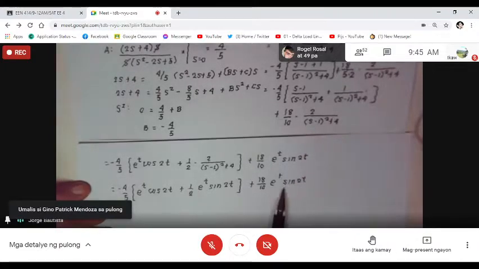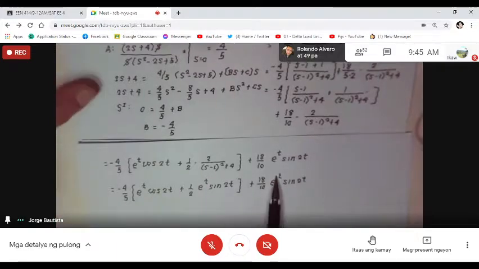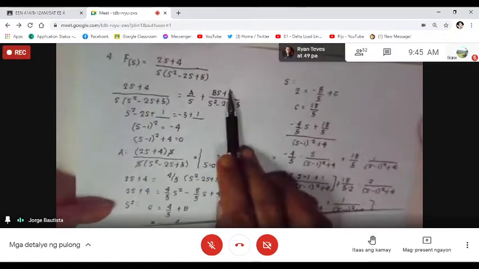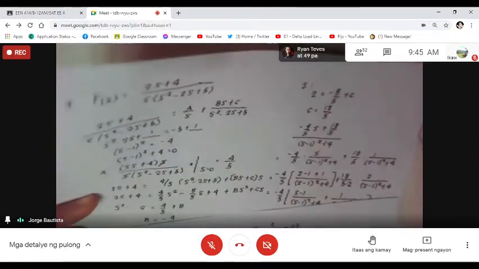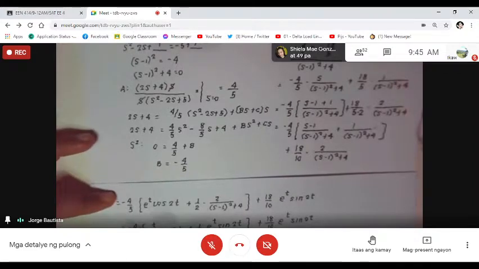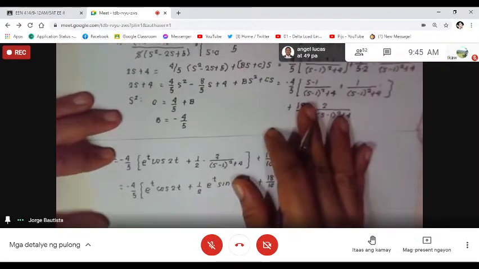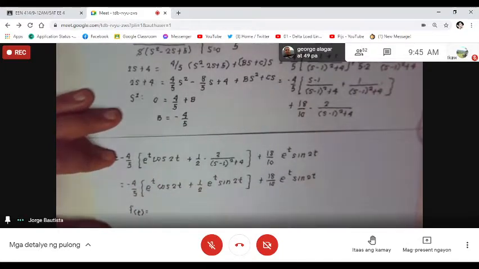Okay? Now, itong sinosolve natin na to, dito lang yan, no? Para dito. Okay? So, para makuha mo yung sagot, yung f of t, yung nakuha natin na value ng a kanina, that is 4 over 5.